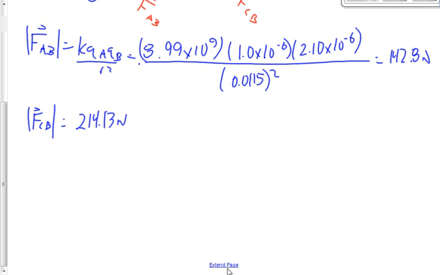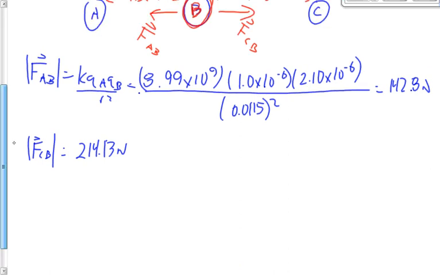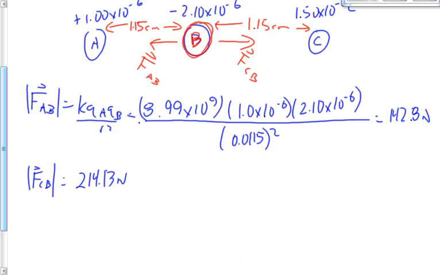Almost there. This is when it's really important to have that free body diagram drawn. F_AB is a negative value because it's to the left, 142.8 newtons. F_CB is a positive value because it's to the right, 214.13 newtons.